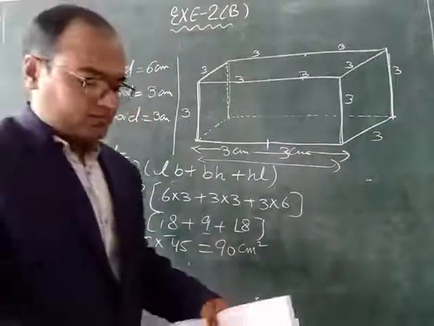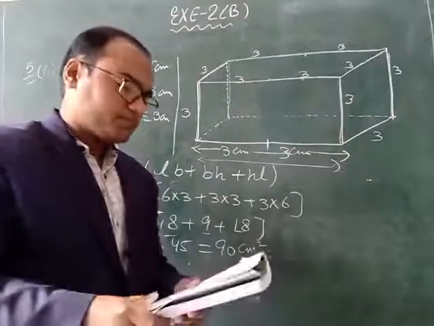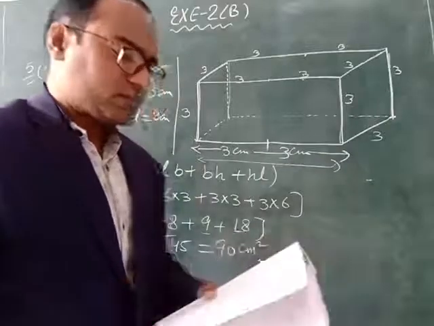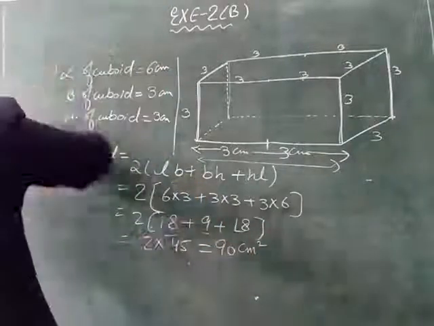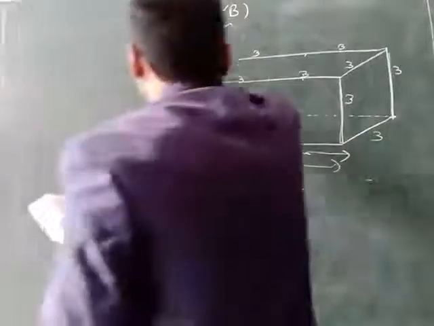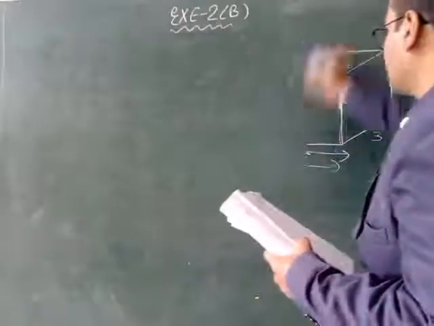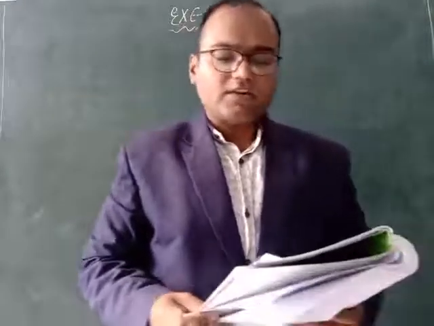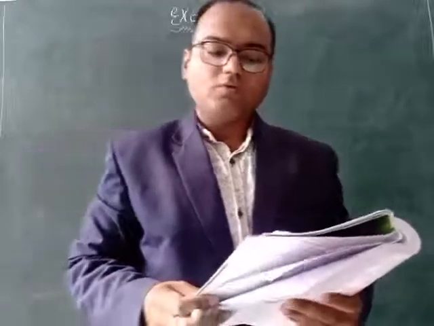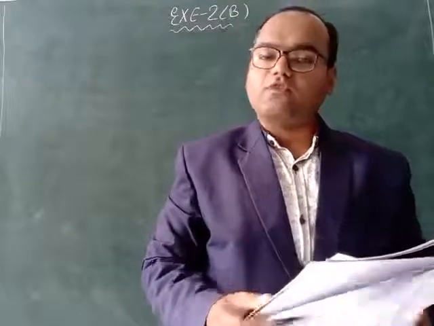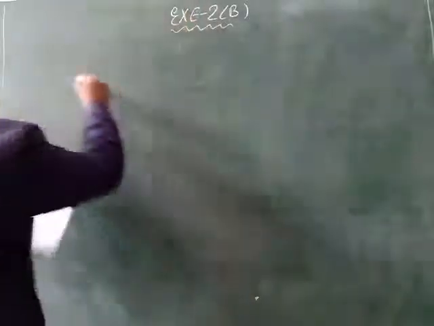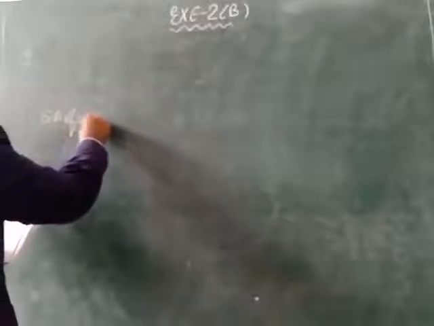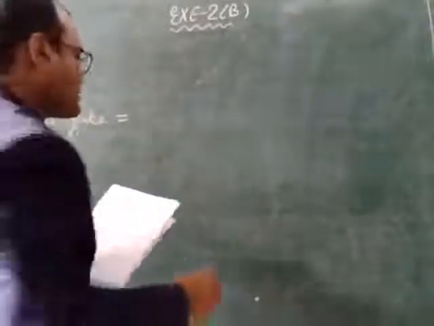Now see another question. Question number 7. The surface area of a cube is equal to the sum of the surface areas of 3 other cubes. In question number 7, what is given? Surface area of cube is equal to, so we will also put an equal sign, sum.